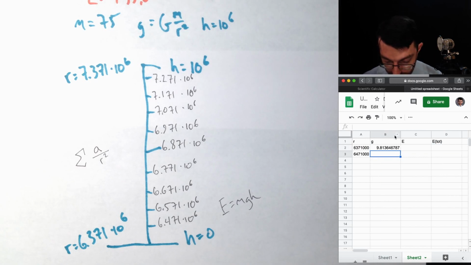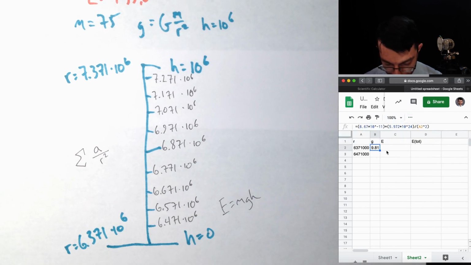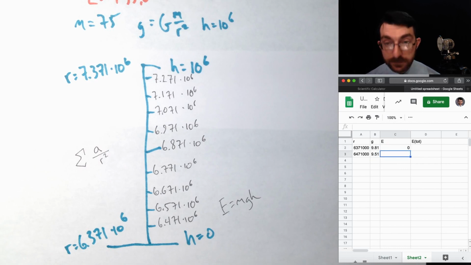Let me neaten some things up here. Don't need to take up all this room. Okay. There we are. Yep, everything's going just as it should. Okay, so I'm not going to have any energy staying on the ground. So the energy at this height is going to be equal to m, g, that would be that one, h.